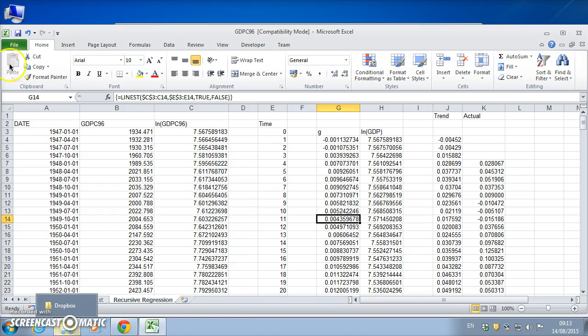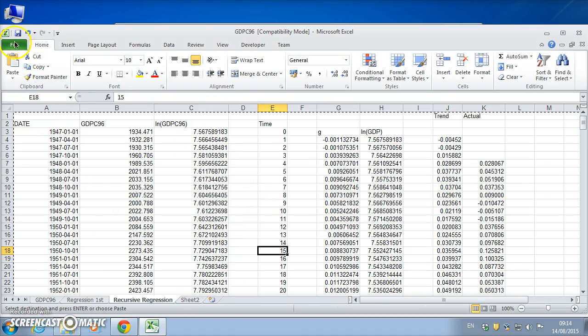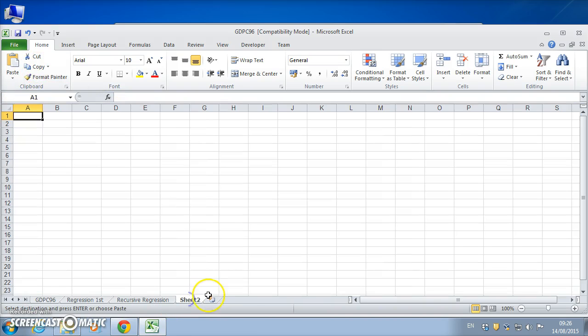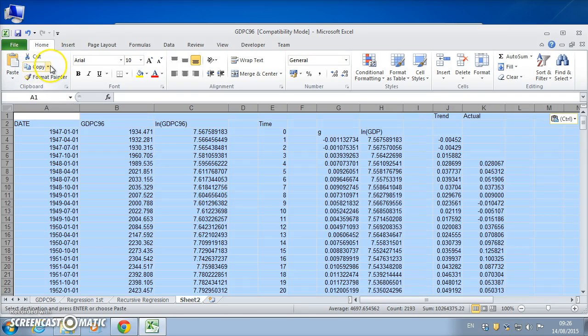Okay, now to make sense out of this, we should visualize what we've done. So let's compare the actual growth rate and the trend growth rate. So we could take our raw data, copy and paste.